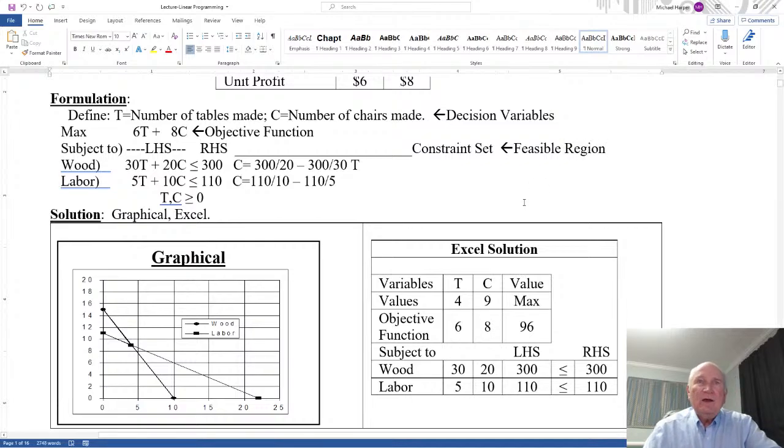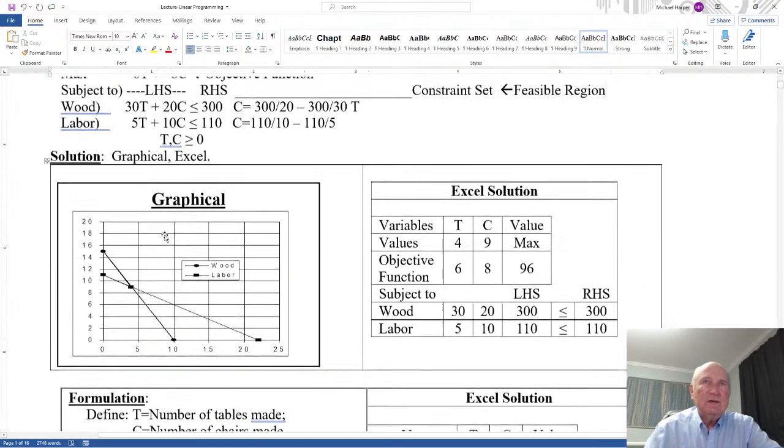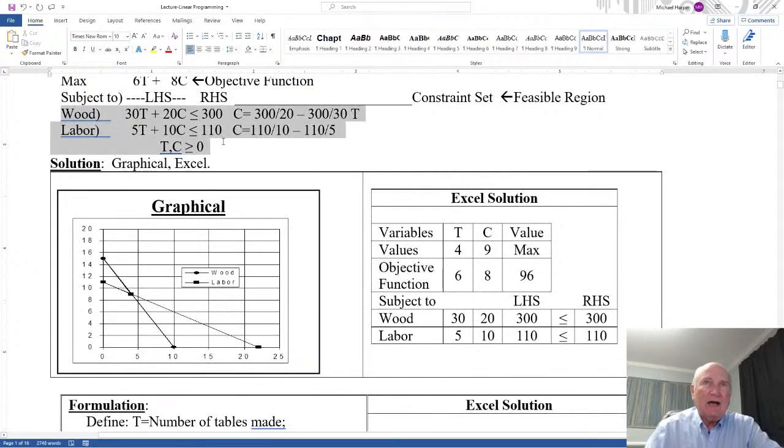In other words, all the points which satisfy all the constraints, there's 4 of them, all the points, the region of points which satisfy all the constraints define the feasible region.